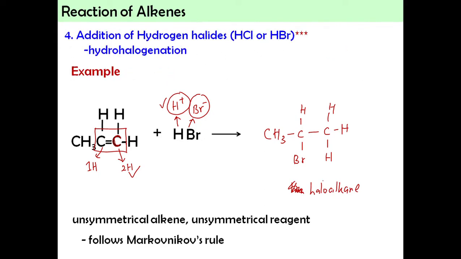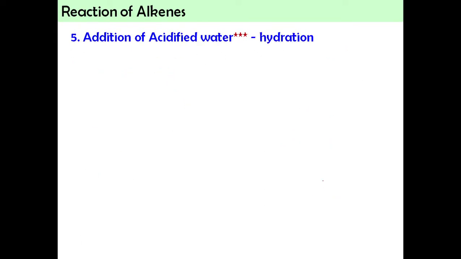So we move to the next reactions, the fifth reactions, addition of acidified water. Okay, for this one, you akan tambahkan air yang berasid. So, bila kita add water, the name of the reactions could be hydration as well. Okay?